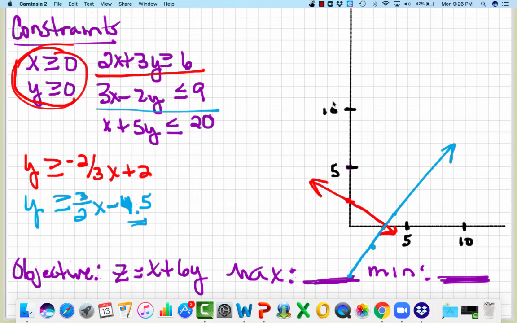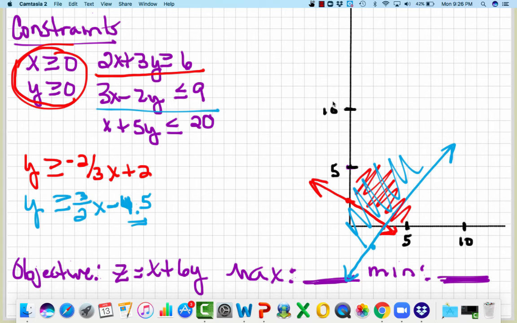And I actually forgot to go back and shade. So let's go back. On the first line, we wanted to shade everything above the red line. So that's going to put me here. On the blue line, it's a greater than or equal to, so that's going to shade everything above the blue line, which will put me in here.